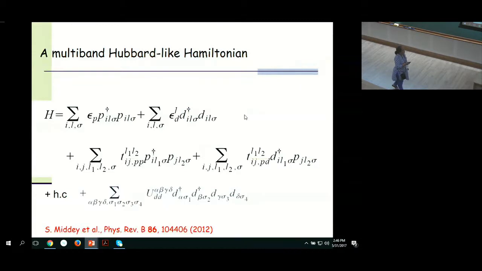So what we then did was study it within a multiband Hubbard model and try to understand what's happening. The relevant model that we considered had the oxygen p states and the transition metal d states, with hopping between the oxygen sites and between the transition metal and the oxygen sites, as well as Coulomb interactions parametrized taking the orbital character into account, and taking full multiplet interactions at the transition metal site.